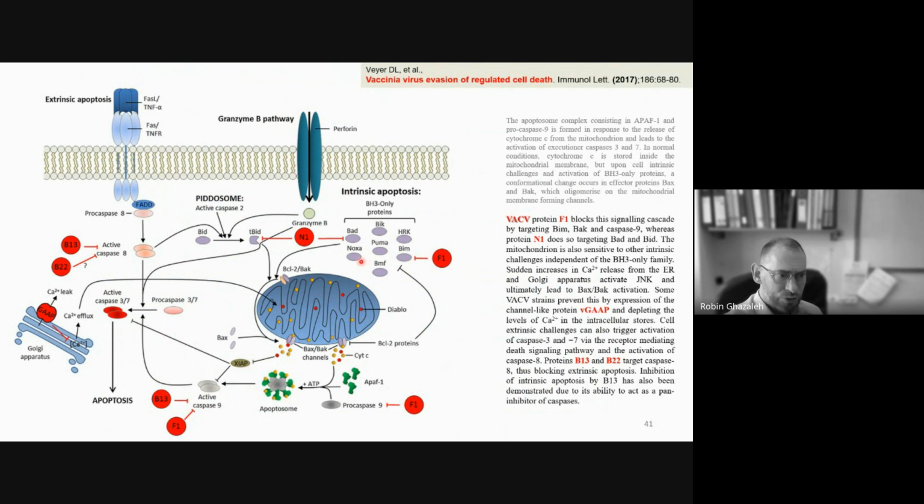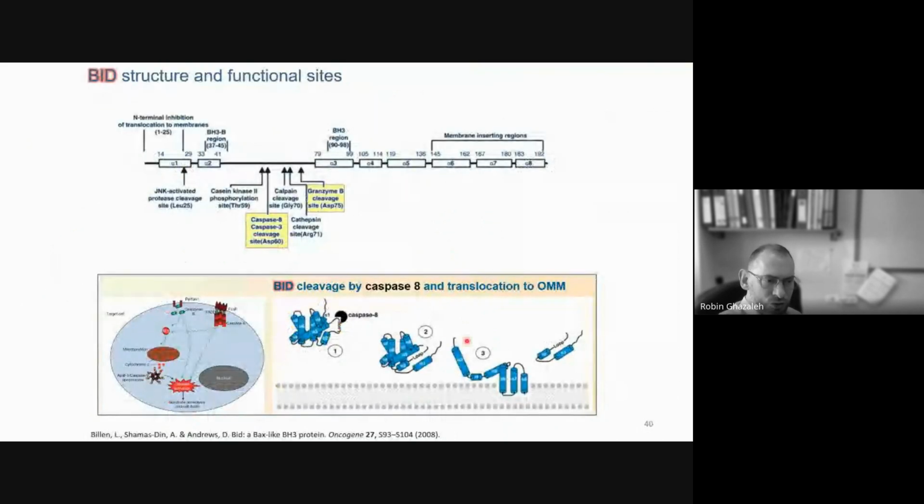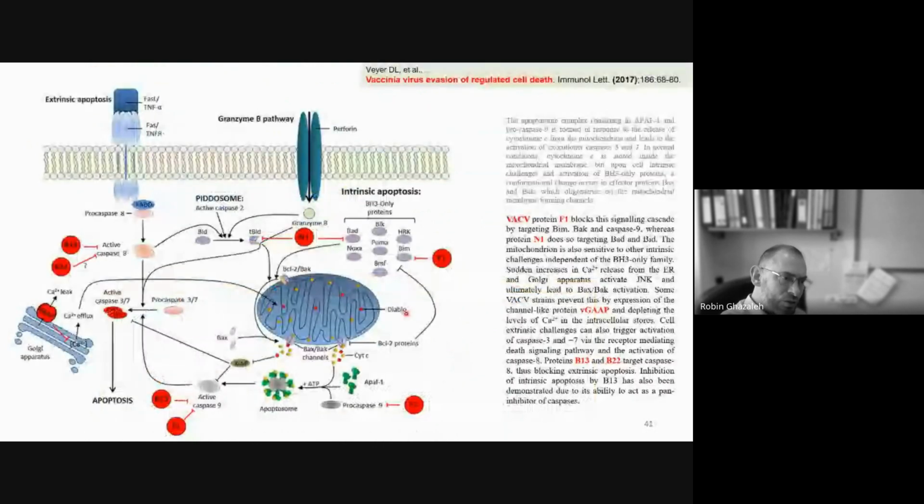It also has a protein called N1, which affects these proteins, which are all members of the same family here, but it also directly inhibits T-BID. T-BID is the truncated form of BID, this one here. So it basically prevents T-BID from being able to translocate to the outer mitochondrial membrane.